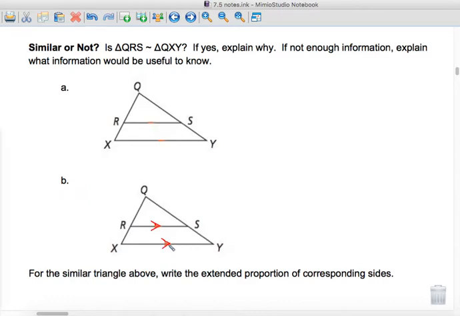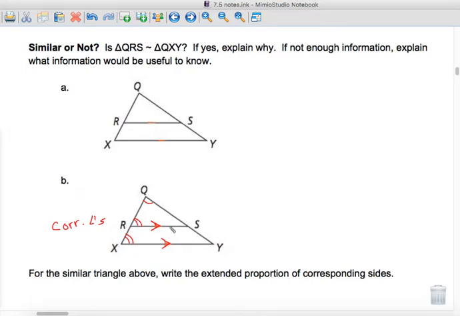These arrows, which of course mean that RS and XY are parallel, which means that not only do both triangles share that angle, but this angle and that angle are congruent because they're corresponding angles for these parallel lines cut by a transversal.